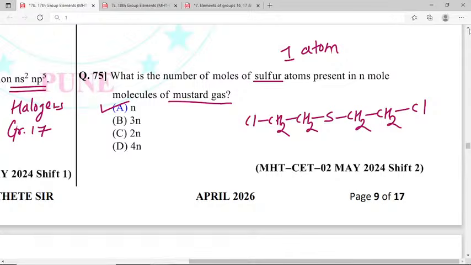So there is 1 sulfur atom here. 1 atom of sulfur. So if there are n moles, then sulfur is n.